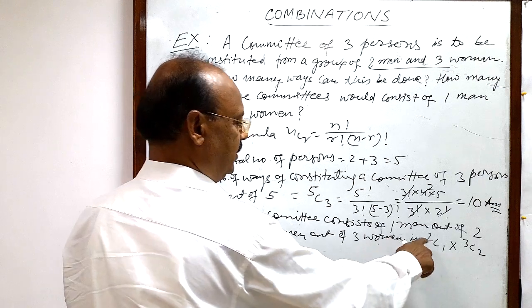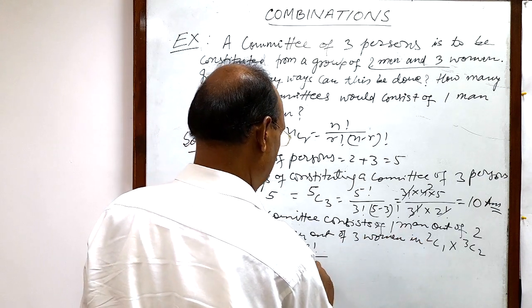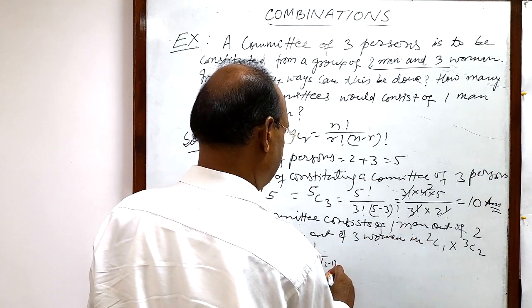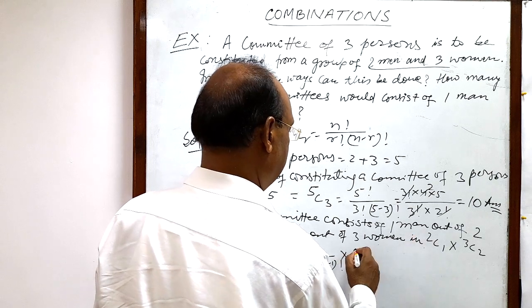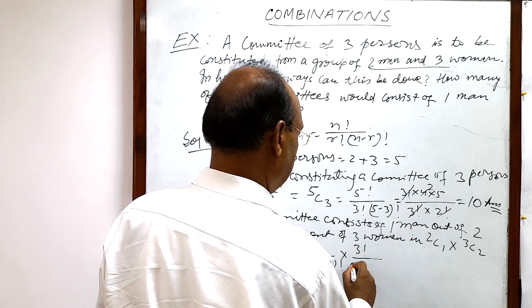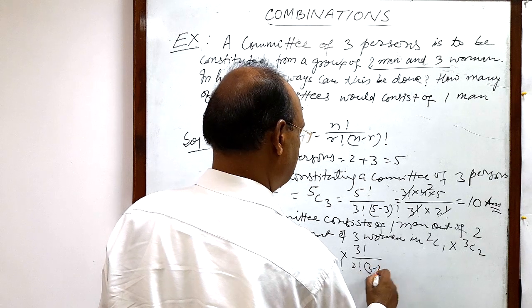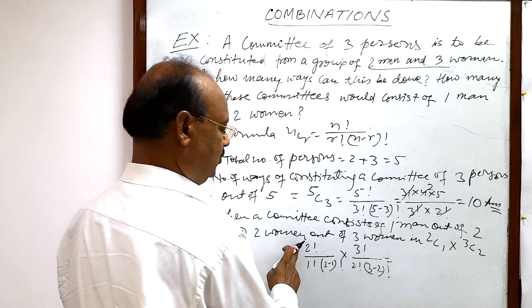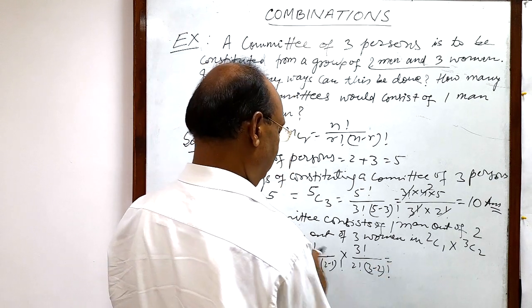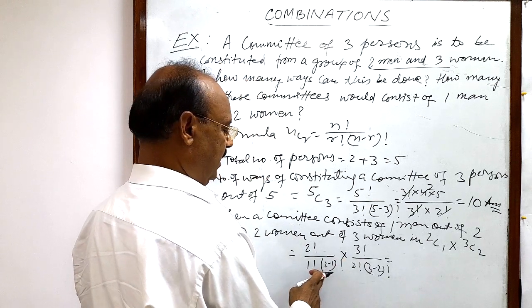So here 2C1 is 2 factorial by 1 factorial into (2 minus 1) whole factorial, and 3C2 is 3 factorial by 2 factorial into (3 minus 2) whole factorial. So this 2 factorial is equal to 1 into 2, that is 2, and in the denominator we have 1 only.